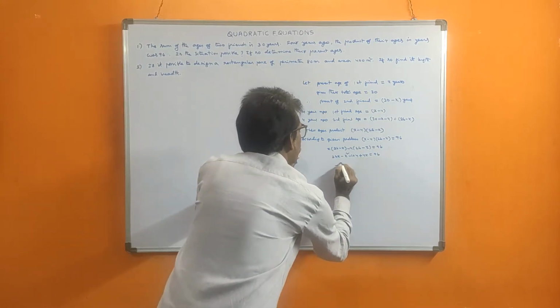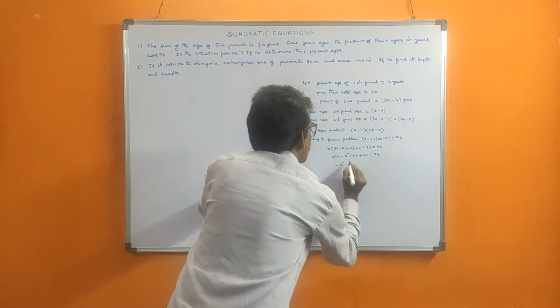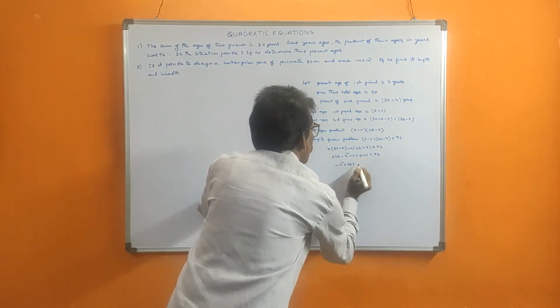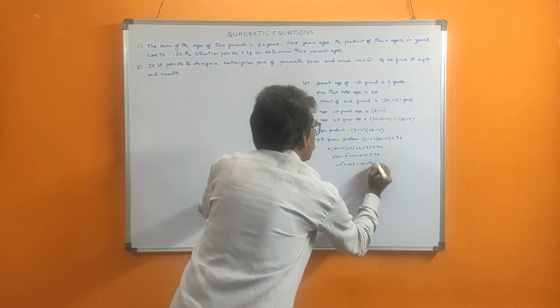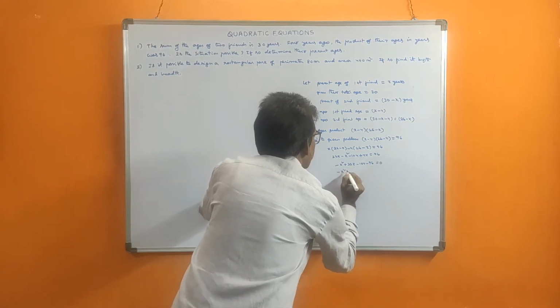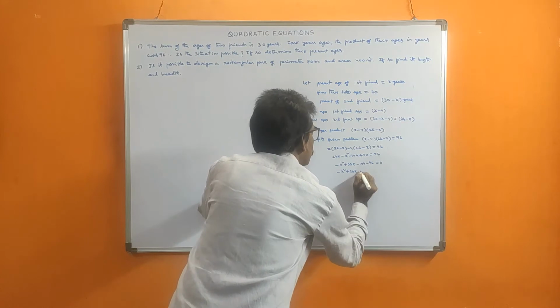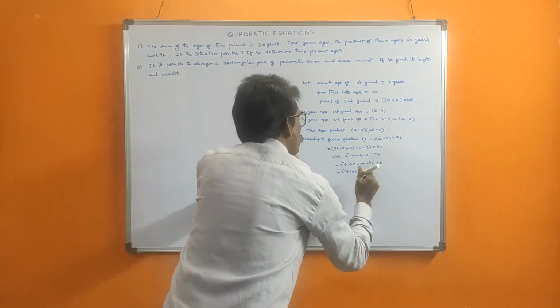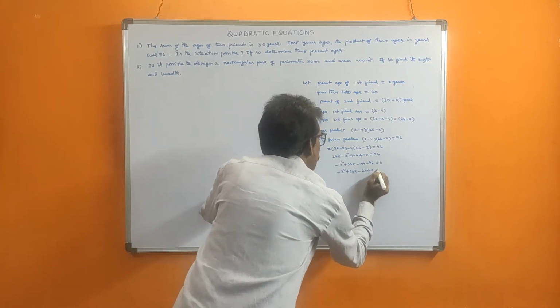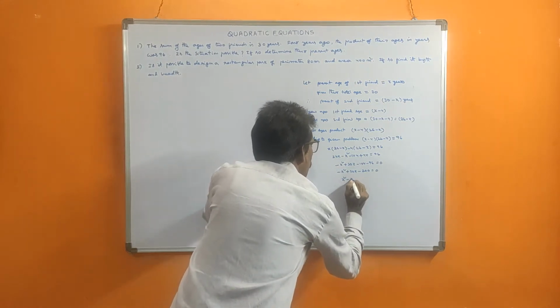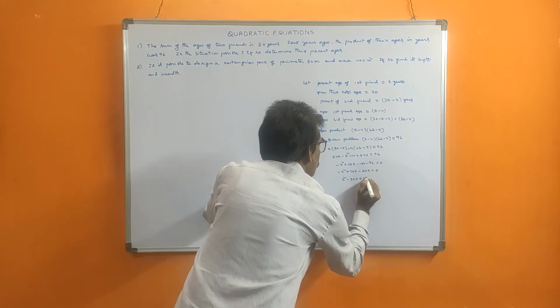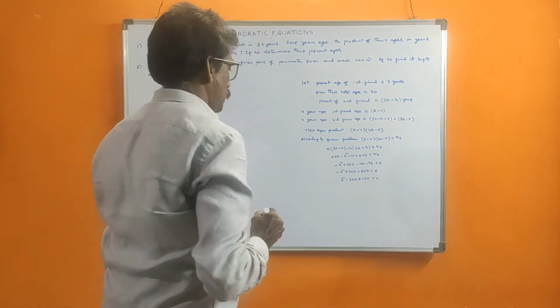Here minus x square, these two are plus, so 30x minus 104 minus 96 is equal to 0. Minus x square plus 30x minus 200 is equal to 0. We don't want the minus, so multiply throughout by minus: x square minus 30x plus 200 is equal to 0.